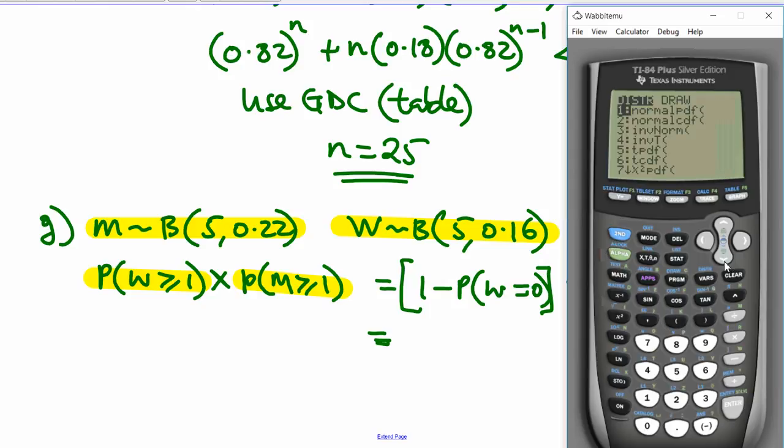Open bracket, 1 minus PDF, 5, 0.22, 0, plug in.